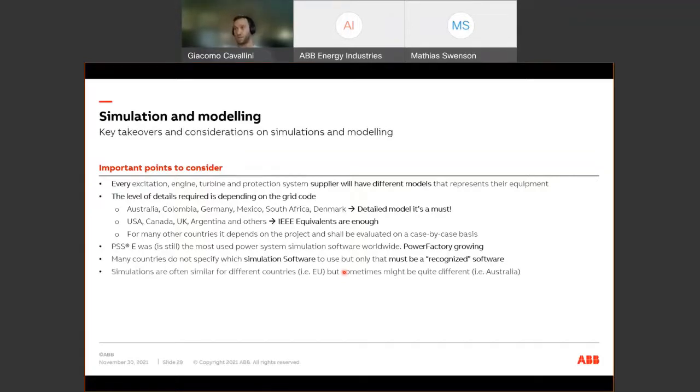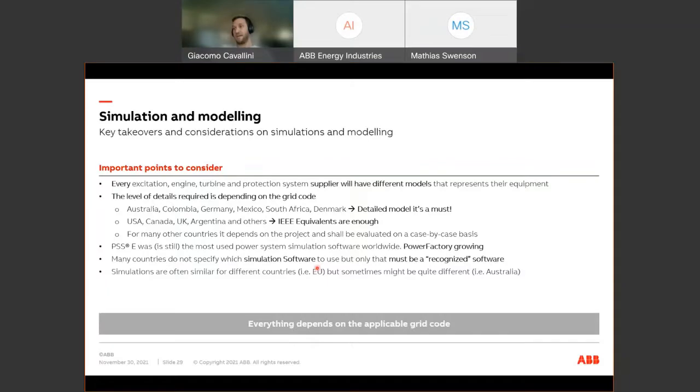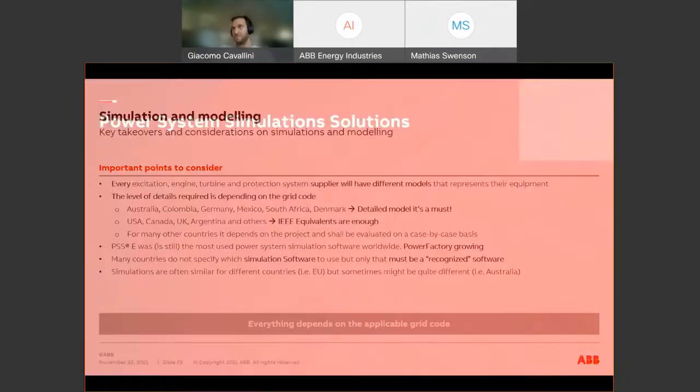The simulations are often similar in different countries, like in the EU where we have the ENTSO-E standard, but sometimes they might be quite different, like for example Australia, which is quite different compared with the European countries. And everything depends on the applicable grid codes.